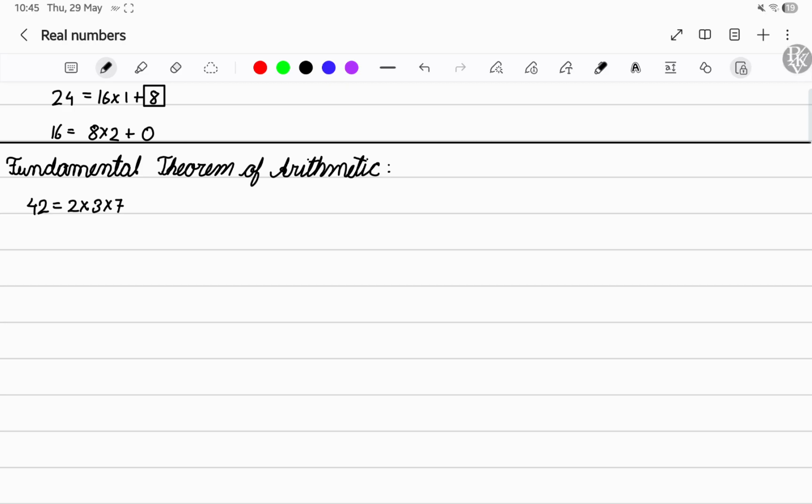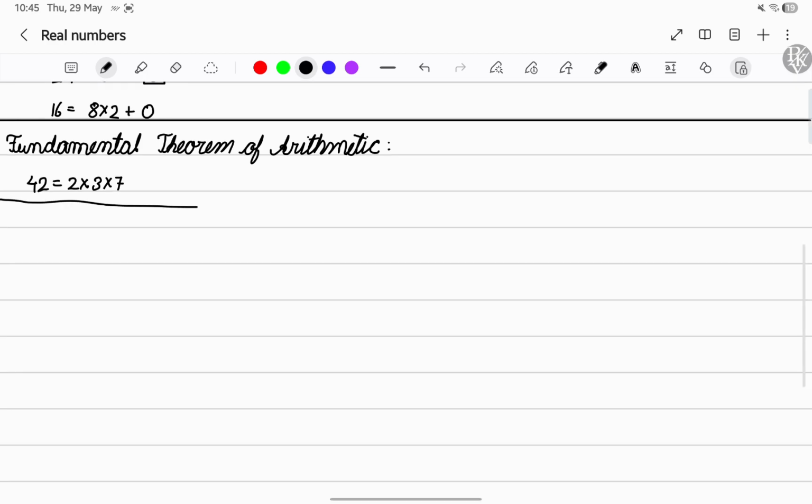What that basically means is that 2 into 3 into 7 and 7 into 2 into 3 are basically the same thing. We all know that. It's just saying that this is unique. 2 into 3 into 7 only corresponds to 42. That is the fundamental theorem of arithmetic.